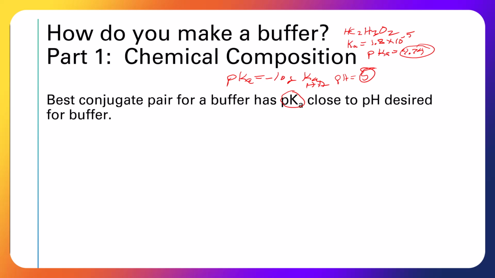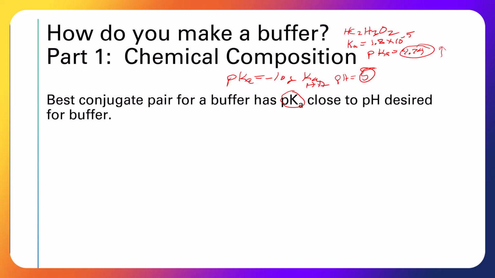What I would need to do is add a little bit more conjugate base and a little bit less of the acetic acid, and I could move that pH up to where it was closer to 5.